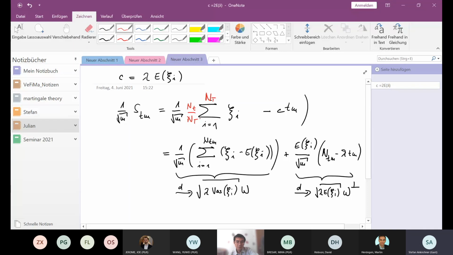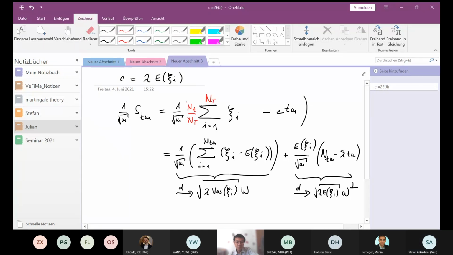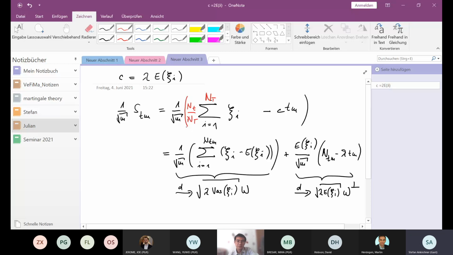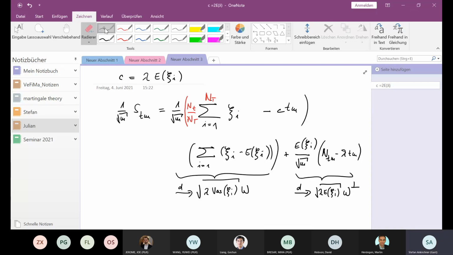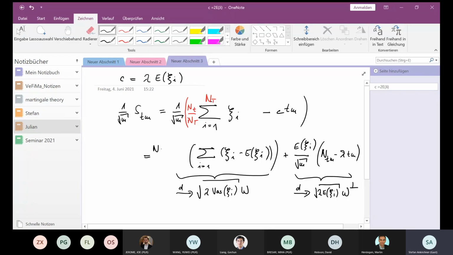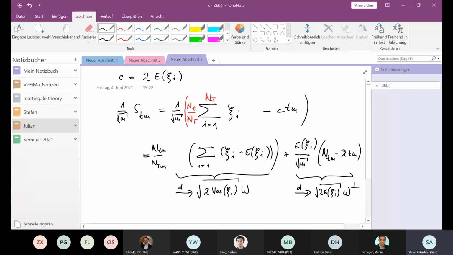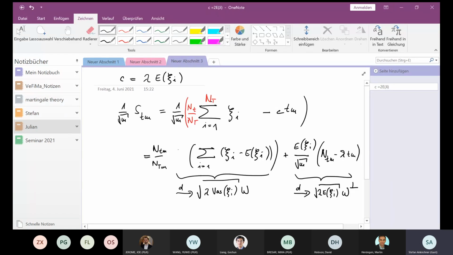We can do the same splitting. So the second term actually remains the same. The first term changes, of course. So maybe I will write the equality sign a little bit more to the left. Then we have here N_{tm} divided by N_{Tm}. Then we have 1 divided by square root of m.